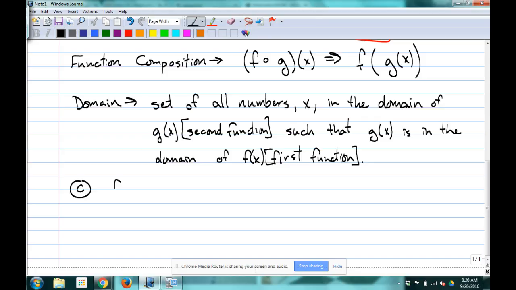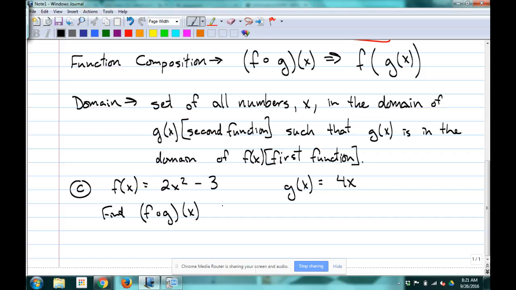Example C, let's say here's our f of x function, 2x squared minus 3, and then our g of x function is 4x. And we want to find f composed with g and state the domain.